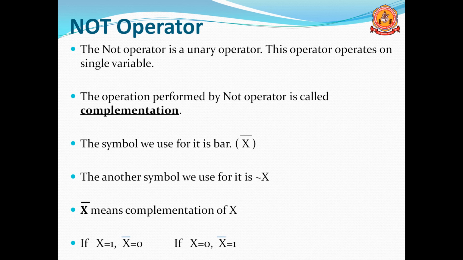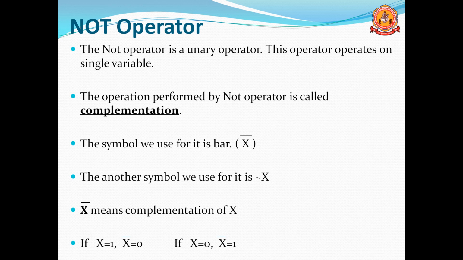X bar is the not operation of x. In Boolean algebra, only two values are possible, either 0 or 1. If x is equal to 1, then x bar is equal to 0. Remember, it is the opposite of x.